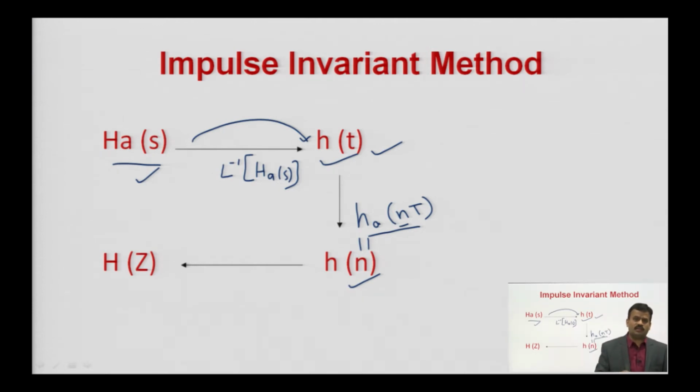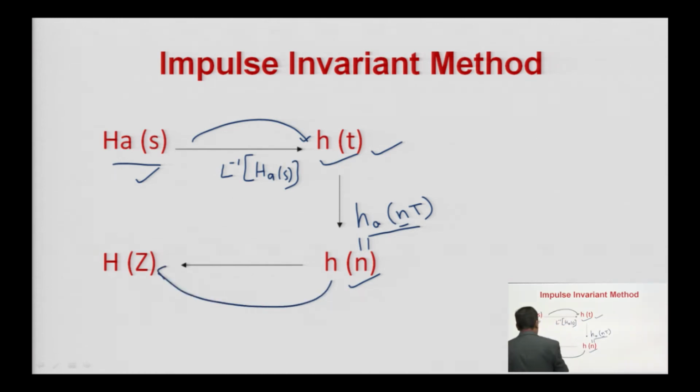So, now you are getting h(n), the impulse response of the digital filter, and finally you have to convert this h(n) into capital H(z), that is your final transfer function of the digital filter.